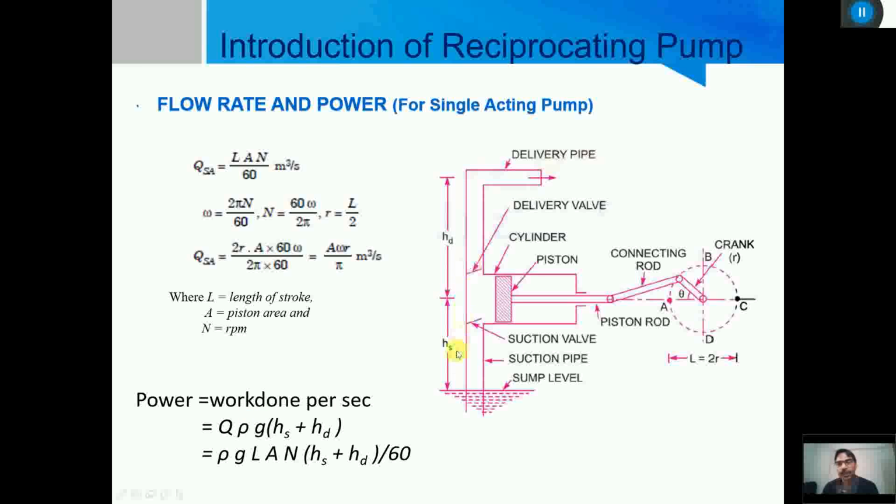We can calculate the energy as rho g Q H. And H, since water is being lifted from the sump to the reservoir, is Hs plus Hd. So this is the work done per second, or we can say work done per second is nothing but power. So power we can calculate with this formula.